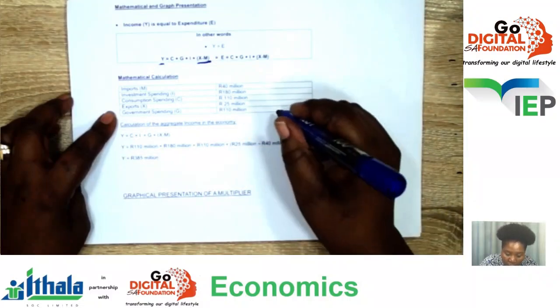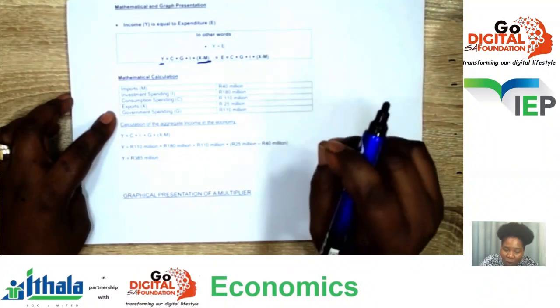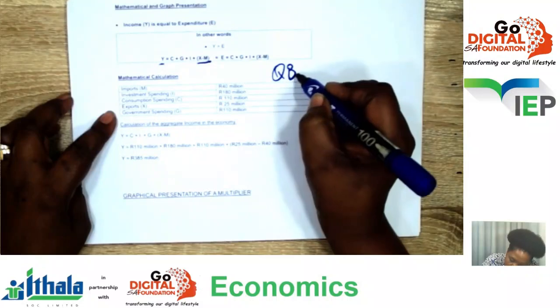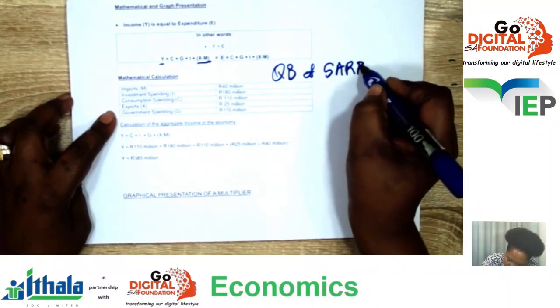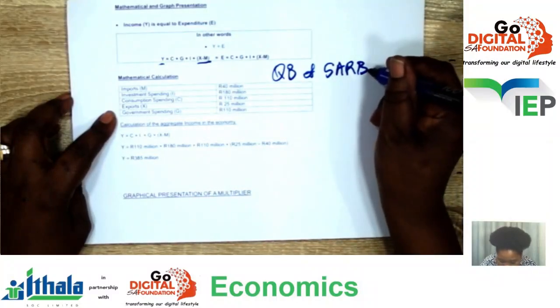All the economic statistics that we use for our economy are obtained from the quarterly bulletin of the South African Reserve Bank. This is important. They will always ask this in the multiple choice.